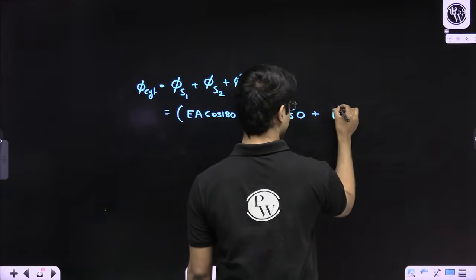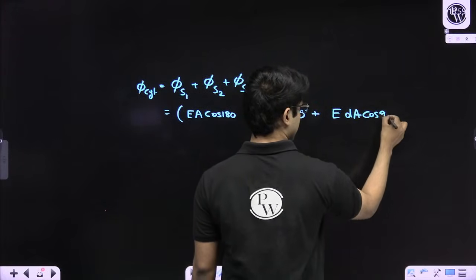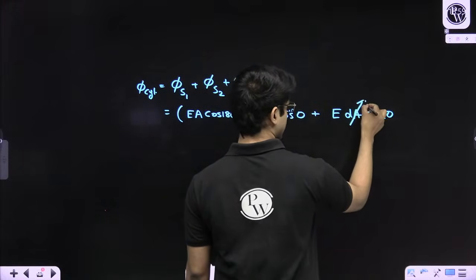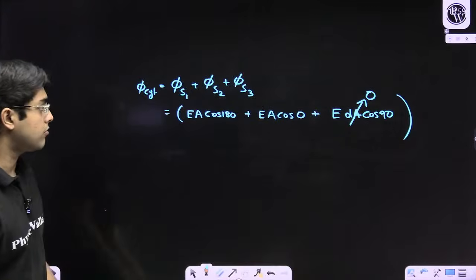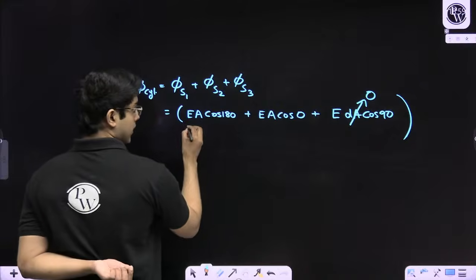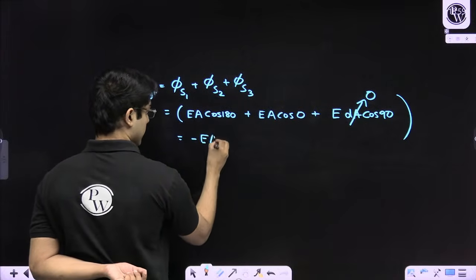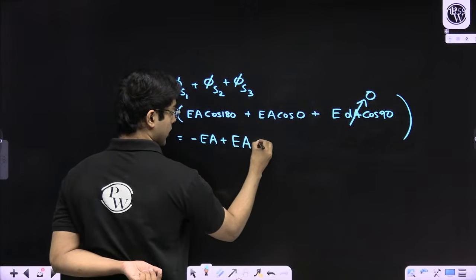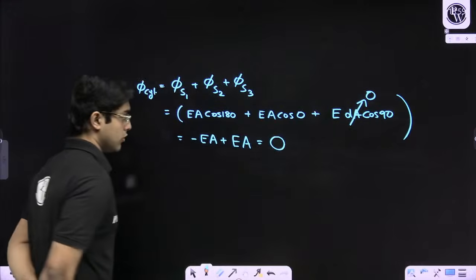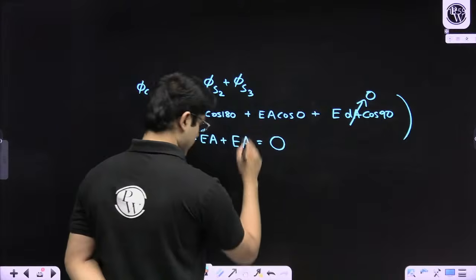So it will be E into dA into cos 90, which is just 0 for all the terms. So for the curved surface, the flux will be 0. So EA cos 180 is minus EA and EA cos 0 is plus EA, and this comes out to be 0. So the net flux through the cylinder is 0.